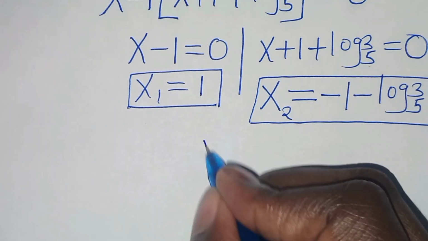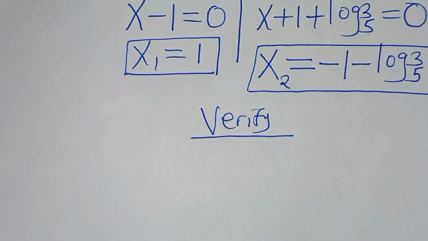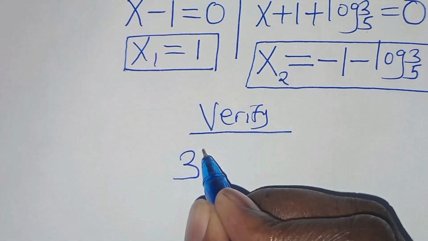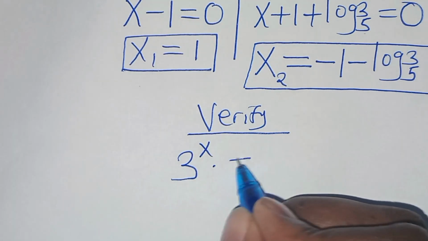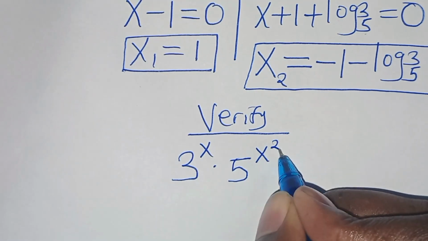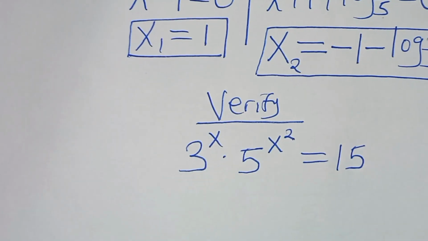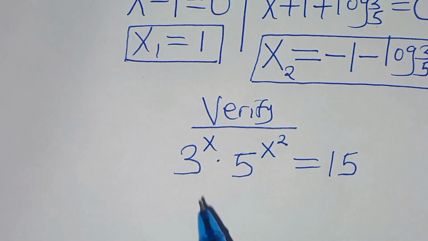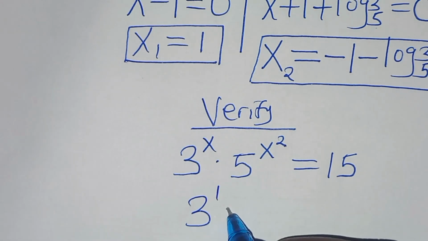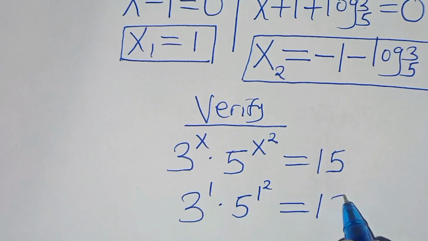Let's verify quickly. If you recall, 3 to the power of x times 5 to the power of x squared is supposed to give us 15. Substituting x equal to 1, we have 3 to power 1 times 5 to power 1 squared, which is 3 times 5, equal to 15.